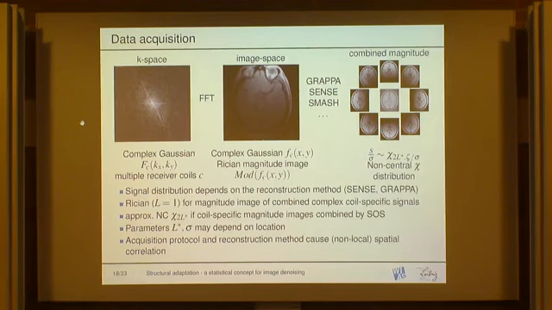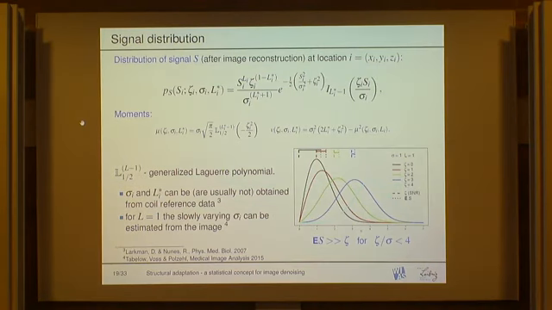Signal distribution depends on the reconstruction method. It's Gaussian if information is combined in complex space. It's approximately non-central chi if coil-specific magnitude images are combined by sum of squares. Parameters L* and sigma may depend on location, and the acquisition protocol and reconstruction method usually cause spatial correlation, which is another complication here.